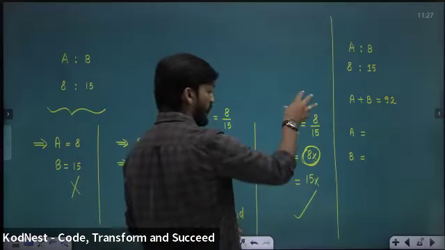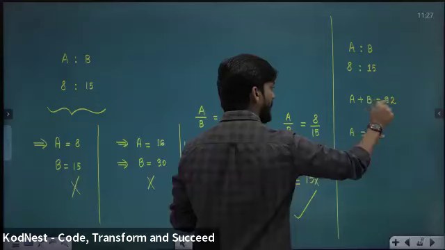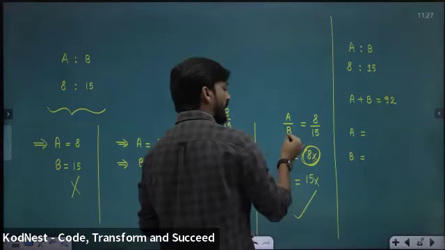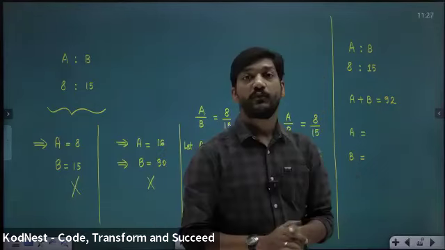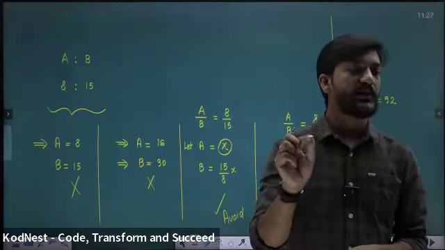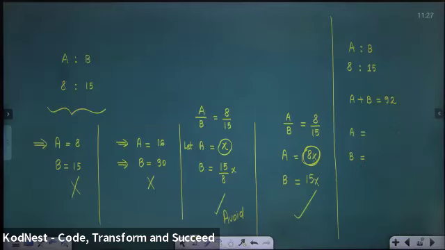If you solve it by this approach, one more information is given, A plus B 92. Please put A value, put B value and tell me what is X. Once you tell me what is X, tell me what is A, what is B. Answer please. Quick calculation. A plus B is given.